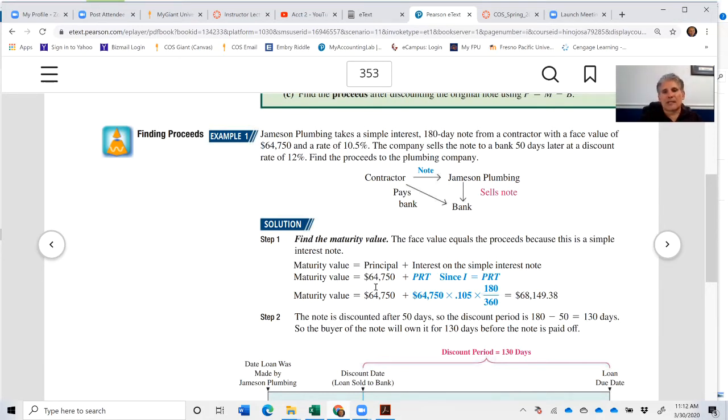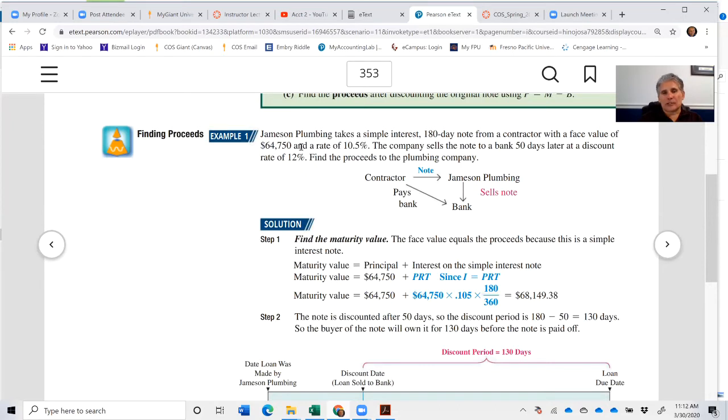So the bank is going to turn around and figure, using PRT, the amount of interest that is going to be paid on this loan from the contractor to Jameson. So the maturity value equals the principal value plus PRT, the interest.